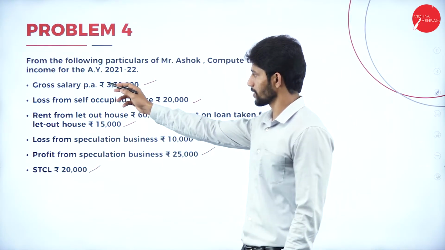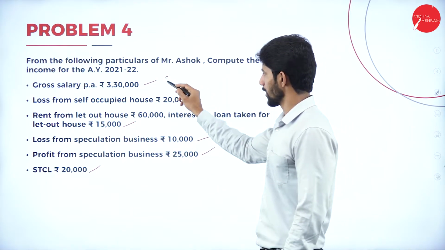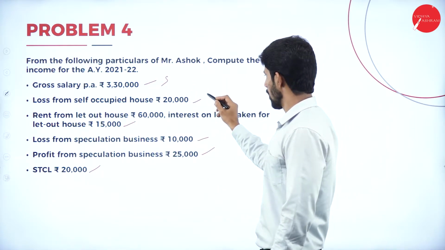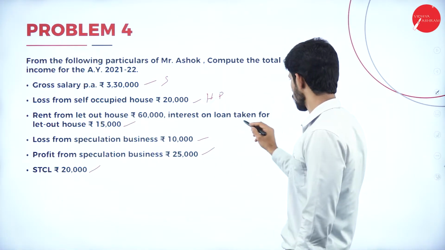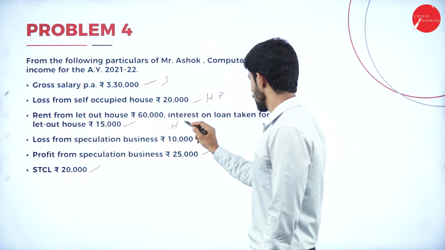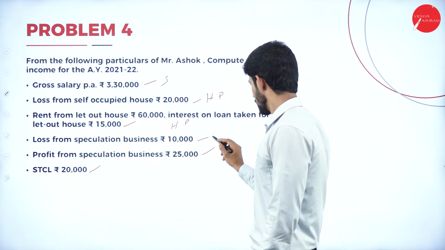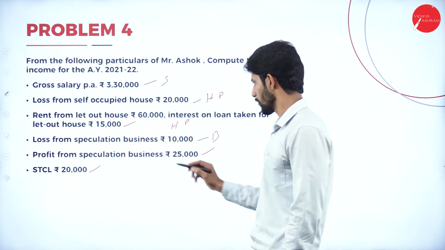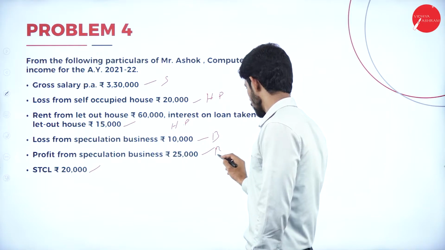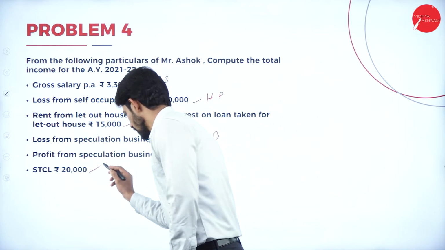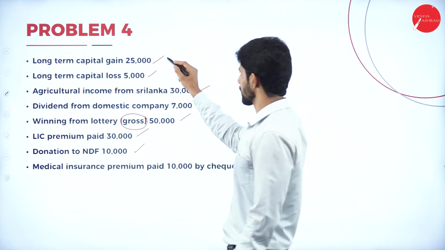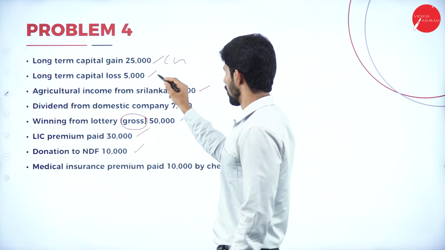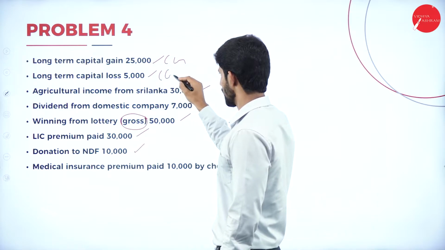So here the first information relates to salary, the next information relates to house property, and the third information also relates to house property. Next information is relating to business. Next, profit from speculation, this is also relating to business. This short-term capital loss relates to capital gain, and long-term capital gain relates to capital gain, long-term capital loss relates to capital gain.